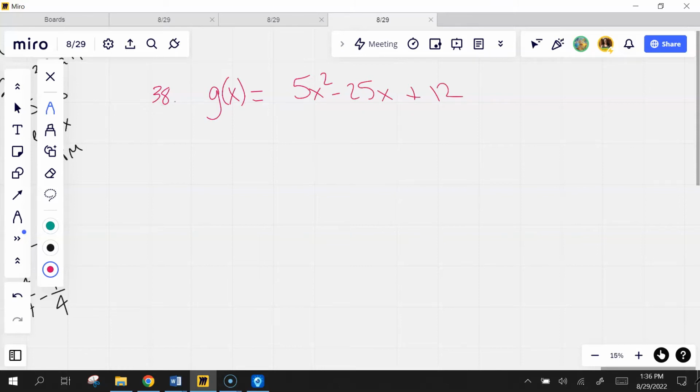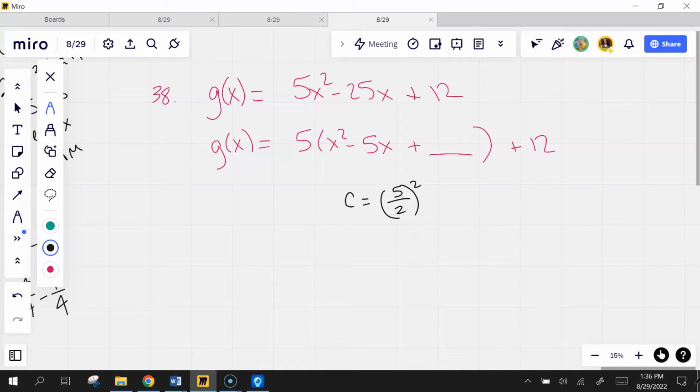Complete the square to write in vertex form and find the vertex. Since we're short on time, I'll just run through this one with you instead of giving you a chance to do it. I'm going to first take the A out of only the first 2, but I'm going to leave a hole. Now I find my good C, and to do that, I take B, divide it by 2, and square it.